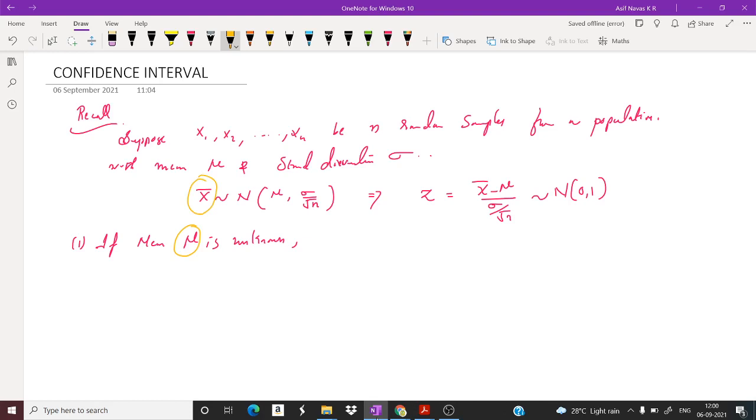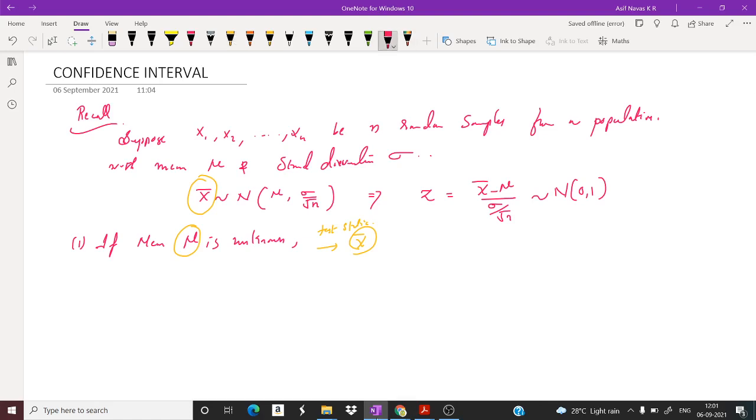So the mean of the population we can estimate by using the sample mean with a confidence of 95%, or 90%, or 99% confidence interval. This mean can be tested by using a test statistic, that is the sample mean. The test statistic is the sample mean x bar.